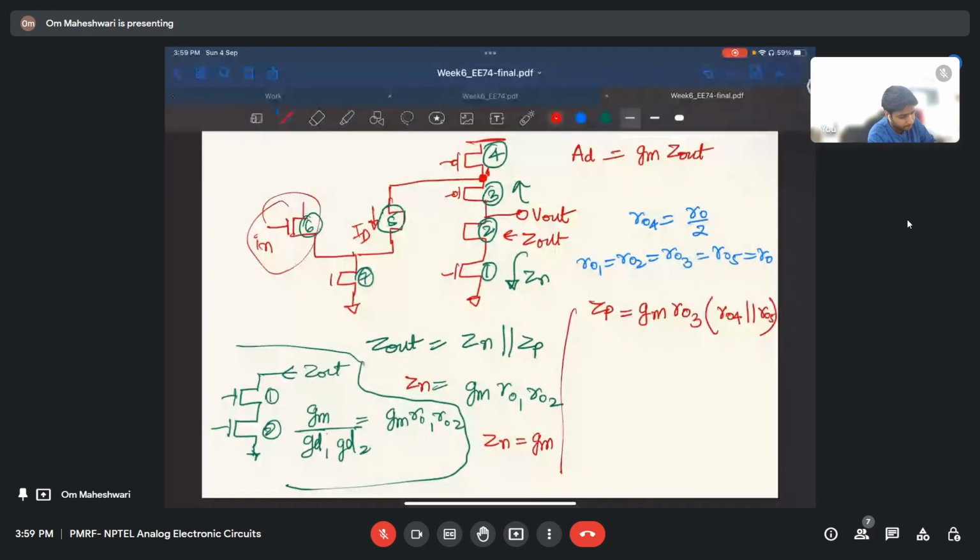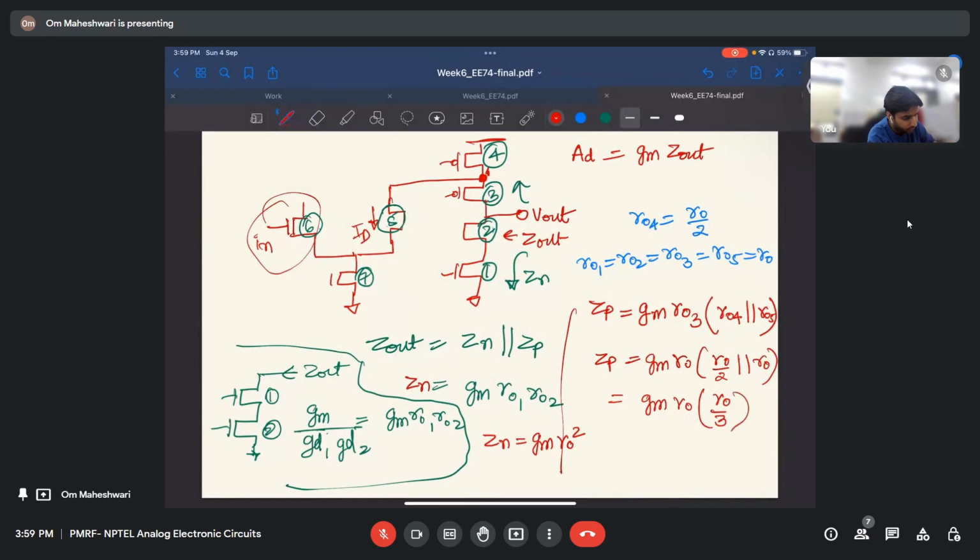So Zn is Gm RO and Zp is Gm RO, RO by 2 parallel with RO. It will be Gm RO and this will be RO by 3, I think. Yeah, so the parallel of these two is RO by 3. So it will be Gm RO squared by 3.